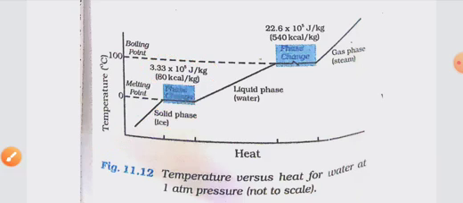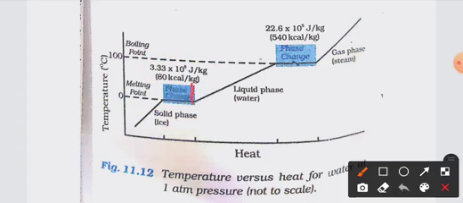Then again what will happen? The complete ice is converted into water, then again we will give heat, again the temperature will increase, and at 100 degrees Celsius again what will happen? If we give heat, then temperature will not increase. So this will be the amount of heat given to change the phase from liquid to gas, and this value is different.